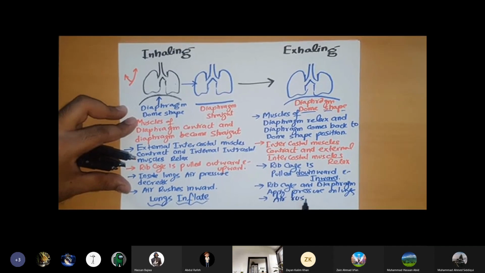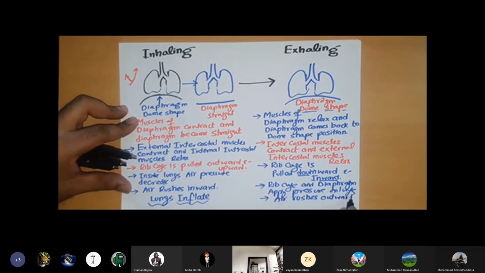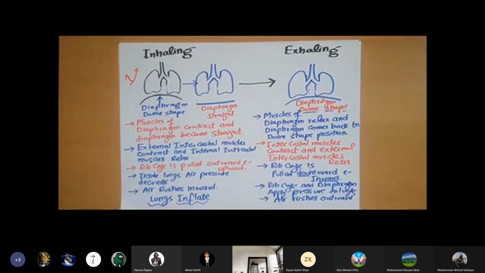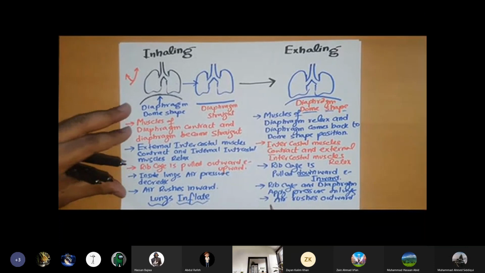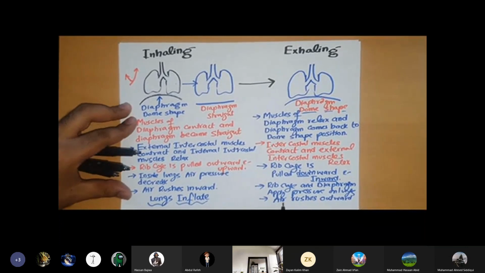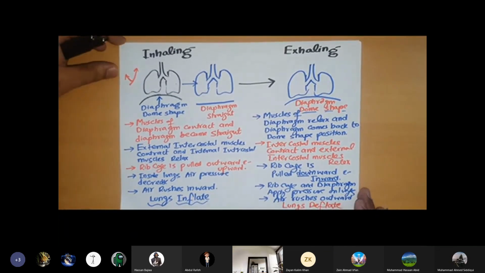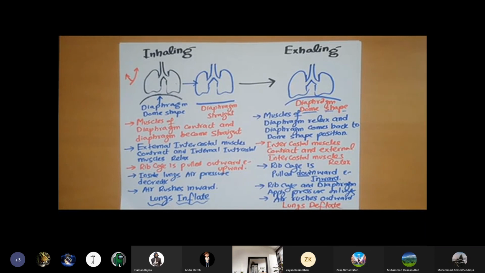The air rushes outward. And when the air rushes outward, what is the last step we talked about? The lungs deflate. So this is how the inhaling and exhaling processes take place.